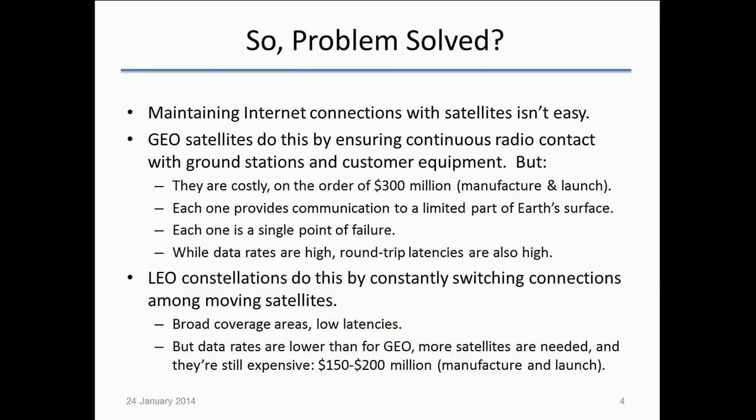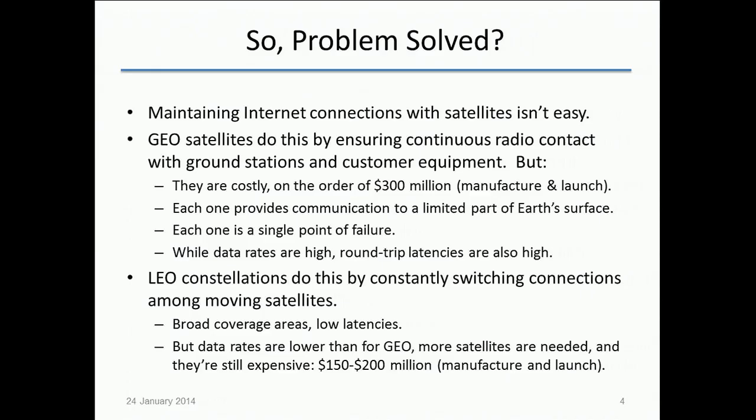But those satellites are very expensive, on the order of $300 million or more to manufacture and launch. Each satellite provides communication to a limited part of Earth's surface because it's only visible from a certain part of the surface. That may be a large part, but still it is limited.